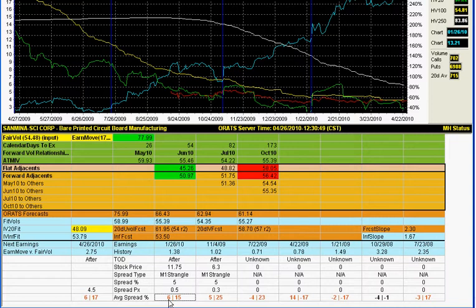The day before the close it moved up 6%, and the day after earnings it moved up 15%. In November it moved up 5% and up 25% after earnings. July 4% and 23. April of last year up 14, down 17.